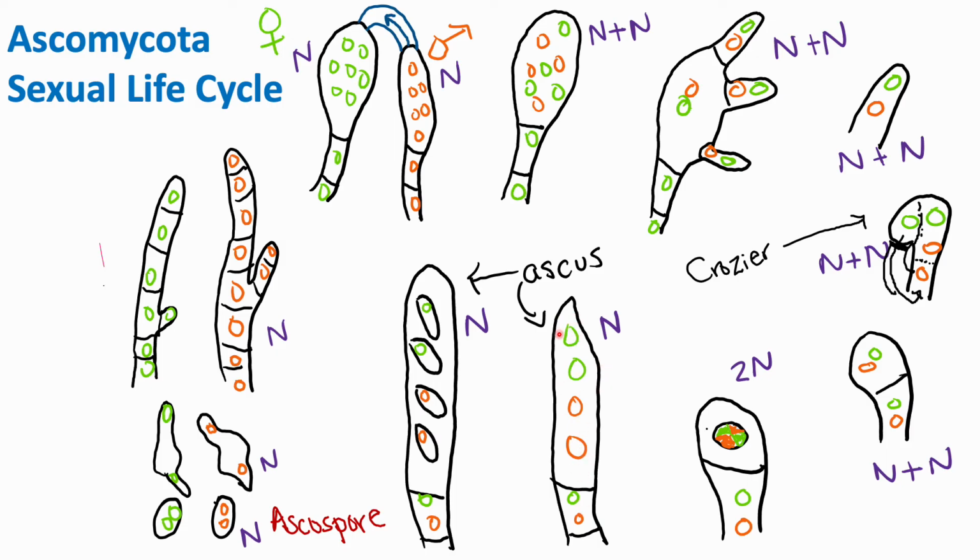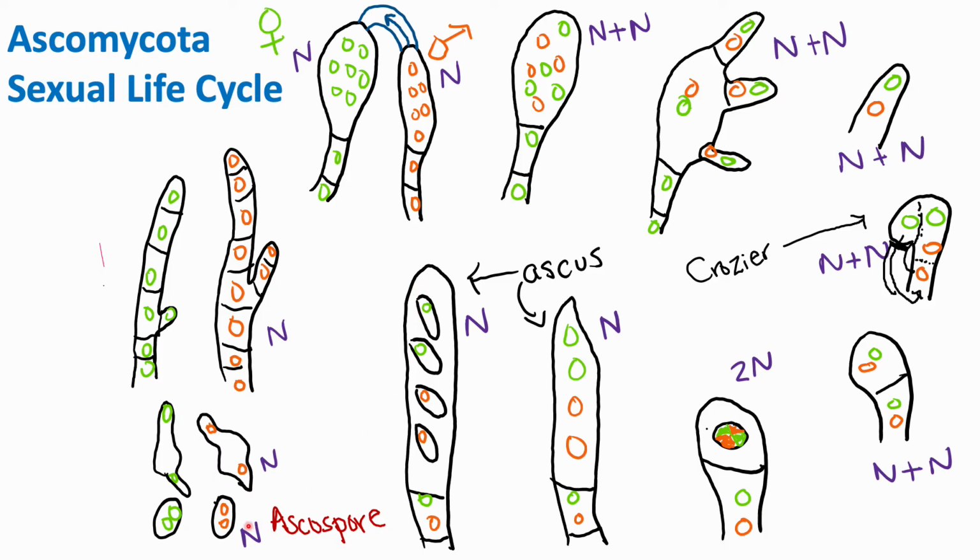Okay, so now we have 4 haploid nuclei, and the next step is that a cell wall begins to form around these nuclei. So over here, we'd actually see cell wall formation around each of these nuclei. But we're not done yet.